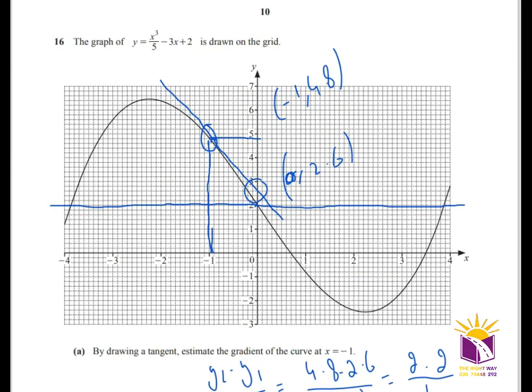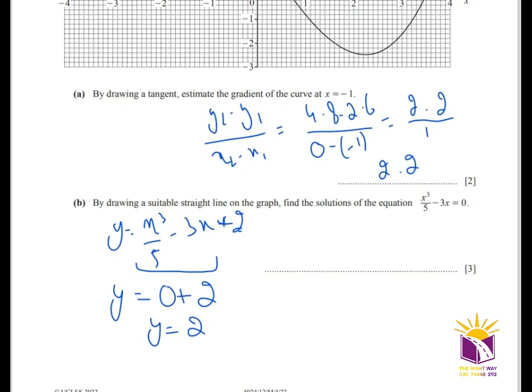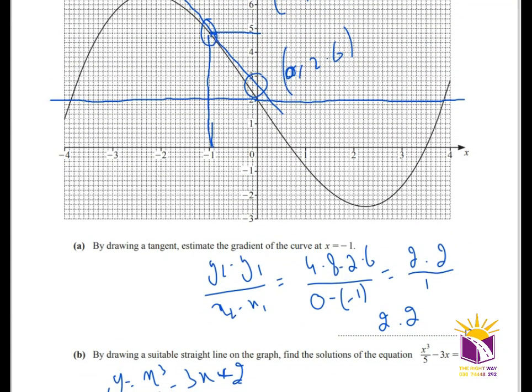I put it in my previous equation, y is equal to x cubed over 5 minus 3x plus 2, and x cubed over 5 minus 3x is 0. So I put 0 and my equation becomes y is equal to 2. Now I have to write the solution of this equation. The solution of this equation will be the points of x where this line coincides with the graph.